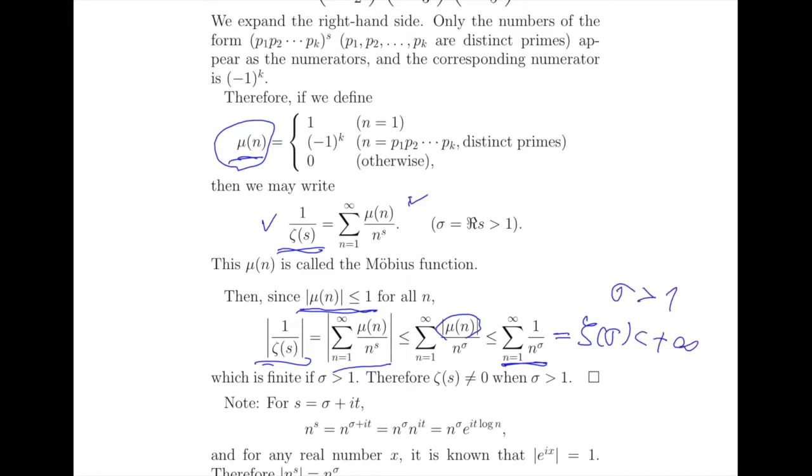So the reciprocal is finite, which means zeta(s) does not equal 0 when sigma is larger than 1. So this is a proof.